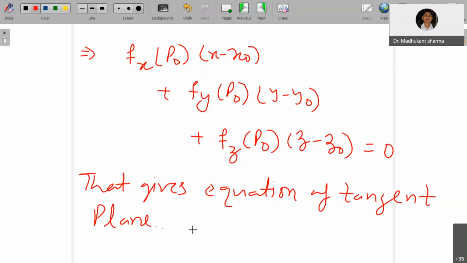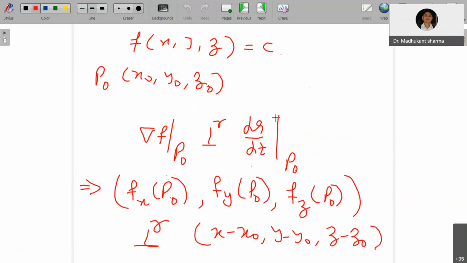Now, to identify the equation of the normal line, what you have to see is the vector which is orthogonal to this velocity vector or tangent line. That will give you the normal. In other words, any vector which is parallel to the normal, this grad f at p naught, will give you the normal line.